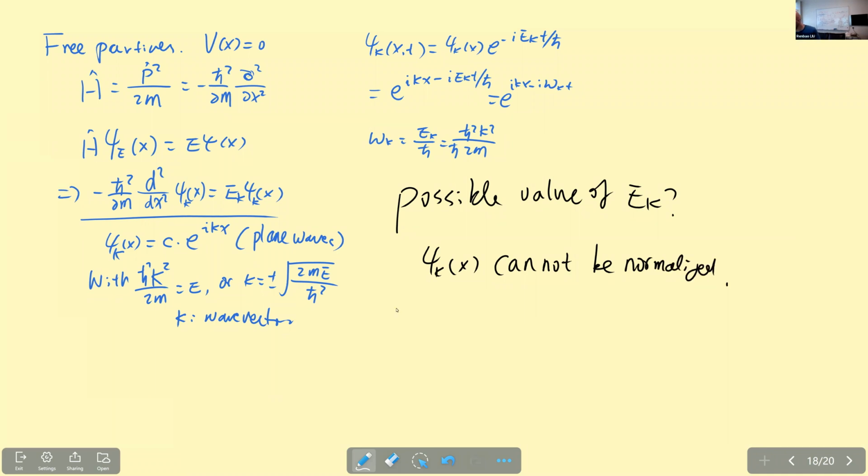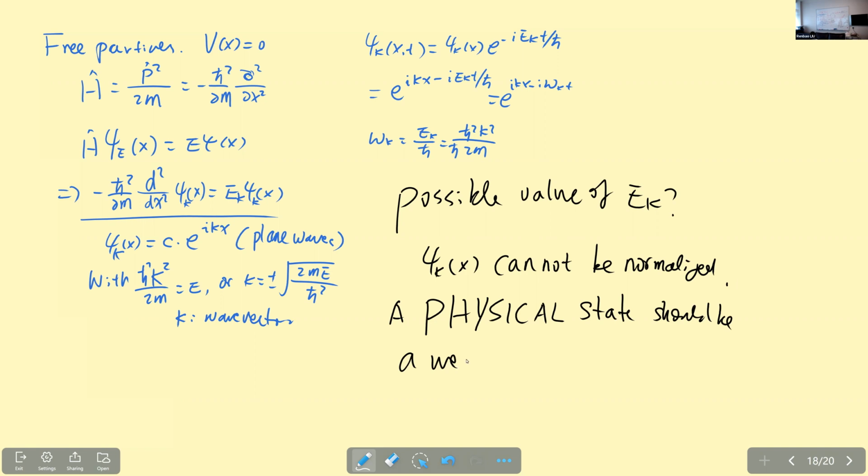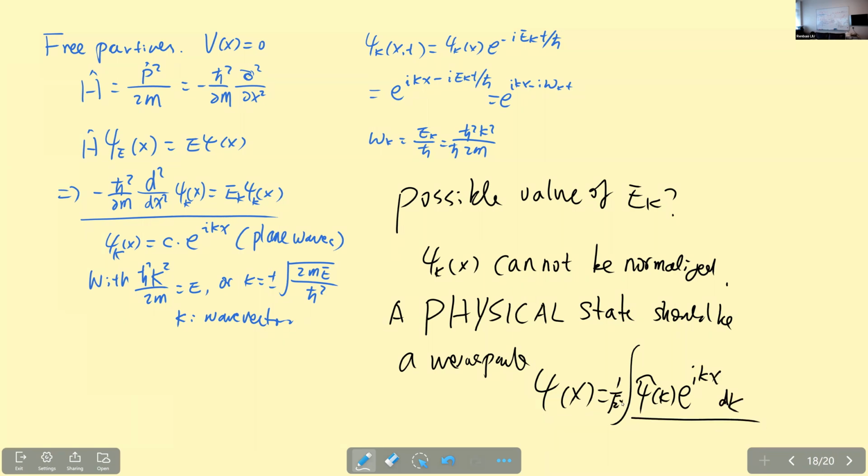So that means a physical state should be a wave packet, something like this one.